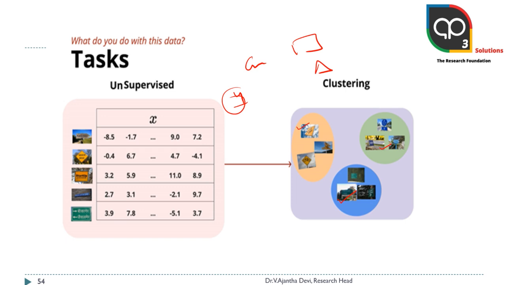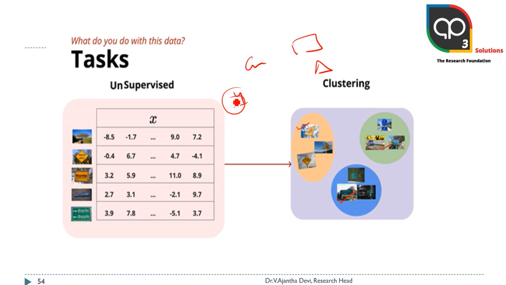The machine will try to find some pattern, and it's up to you to interpret what exactly is happening in those patterns. This is also a useful task, organizing data into unlabeled categories, but it will only get you so far.